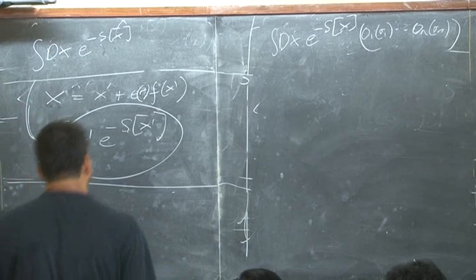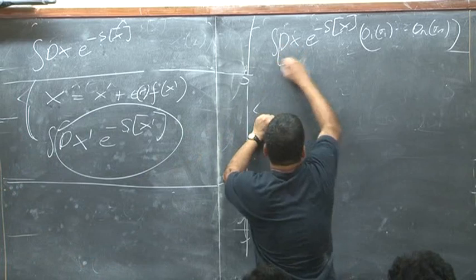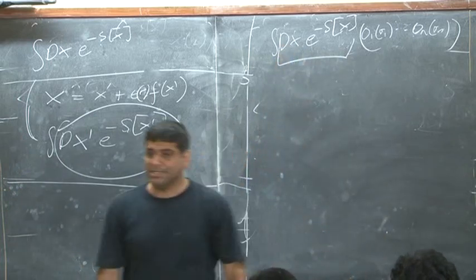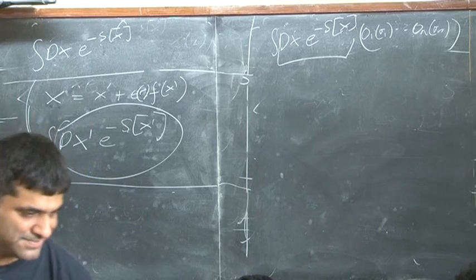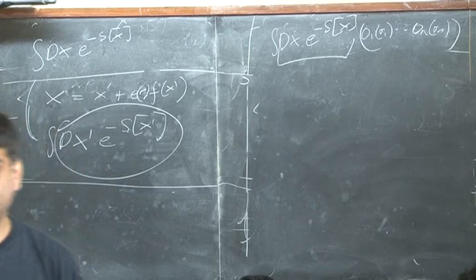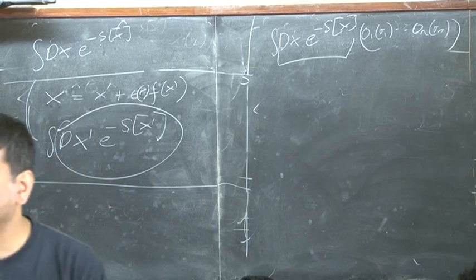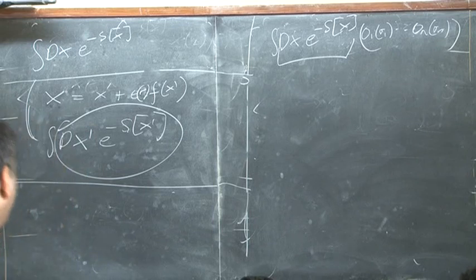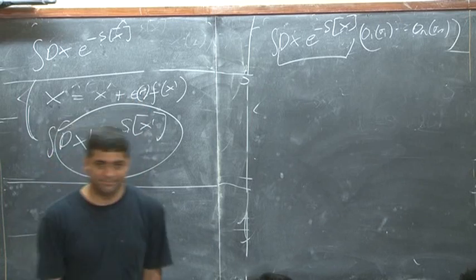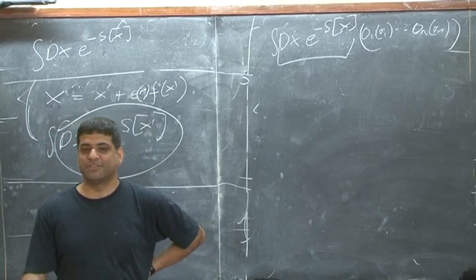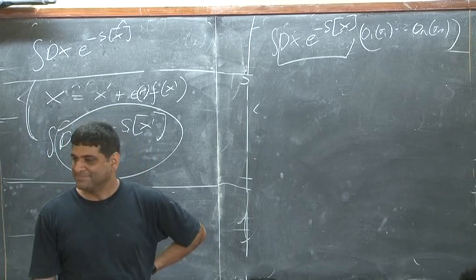Well, this part would have been invariant had epsilon not been a function of x. Therefore, its variation, its change, must be something that depends on derivatives of epsilon, because were all derivatives to vanish, it should vanish.